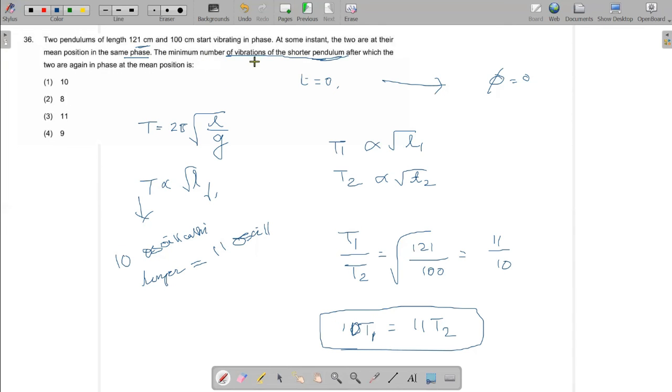Now, the number of vibrations of the shorter pendulum after which the two are again in phase at the mean position.